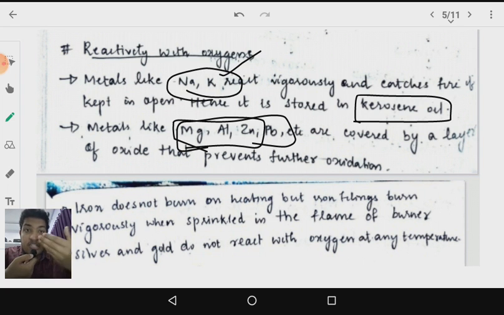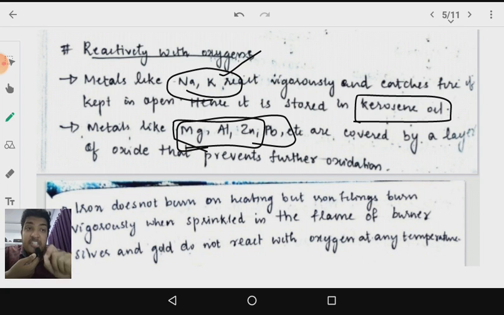The reason is that magnesium reacts well with oxygen, and it will form a coating of oxide over it. This coating of magnesium oxide over the magnesium ribbon will prevent further oxidation. So that is the reason why we are rubbing it using sandpaper. So we can say that they are moderately reactive metals.